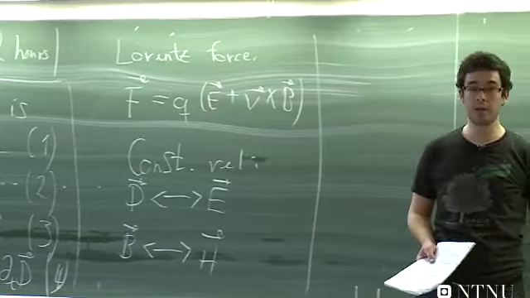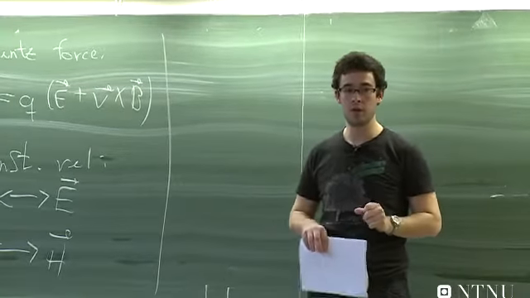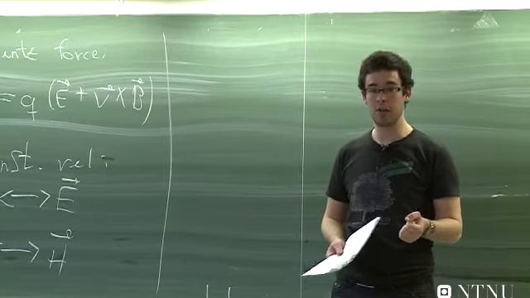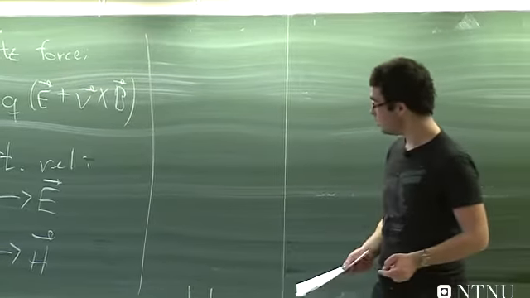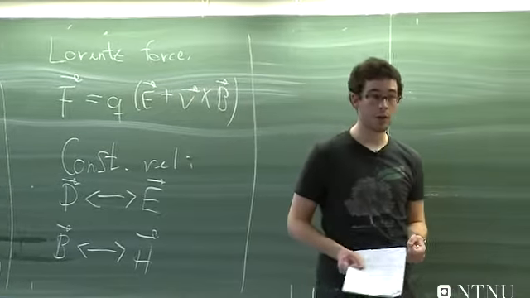For example, someone has made artificial materials which have an internal structure. And this structure is so that both epsilon and mu are negative. And this, in fact, gives you a negative index of refraction. So you can construct some pretty crazy constitutive relations if you construct a material with odd properties.